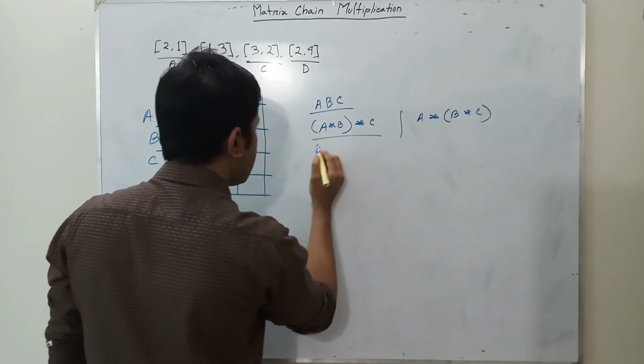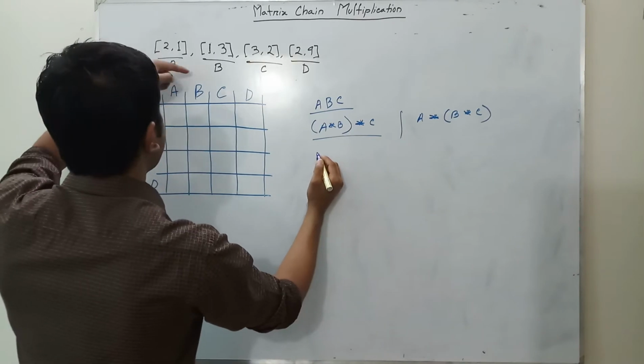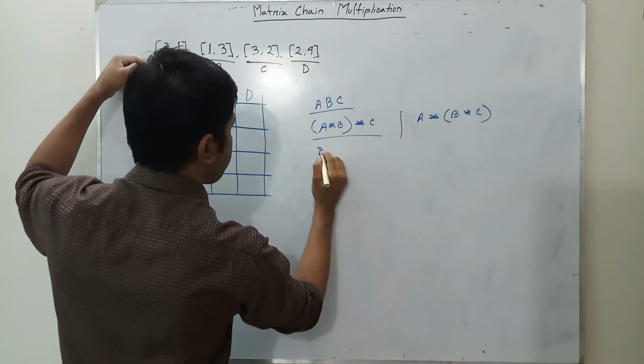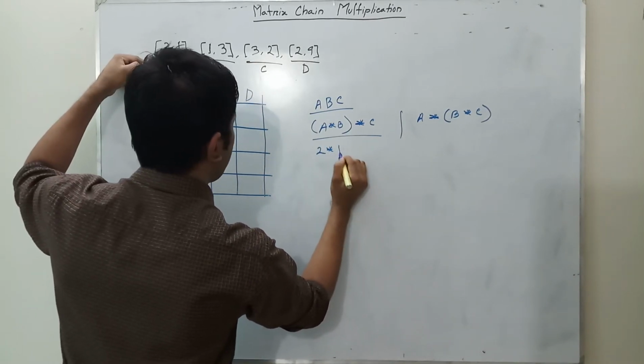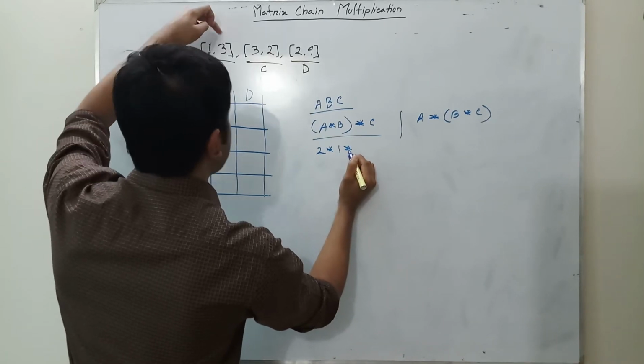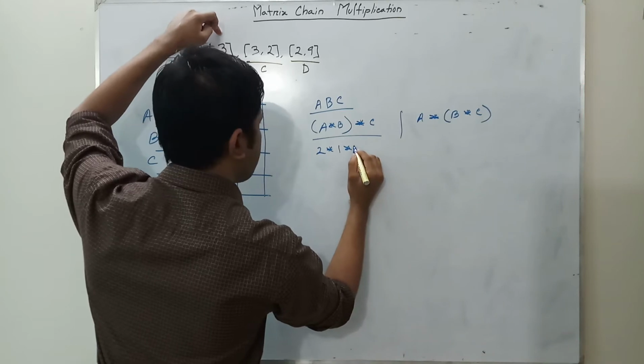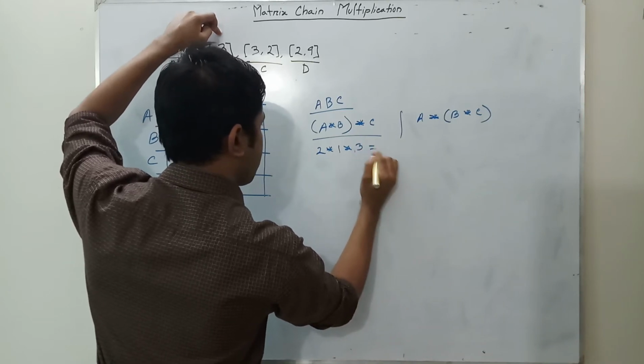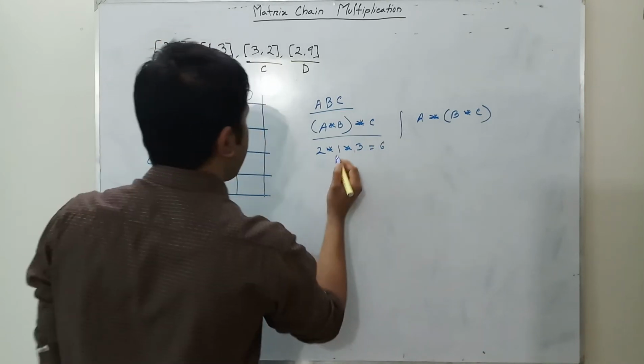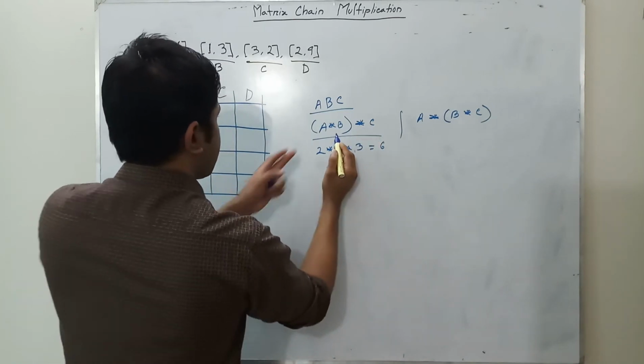Here for A with B, the number of operations we need: 2 into 1 into the last index of B, 3, equals 6. And now we will multiply C with this resulting matrix.